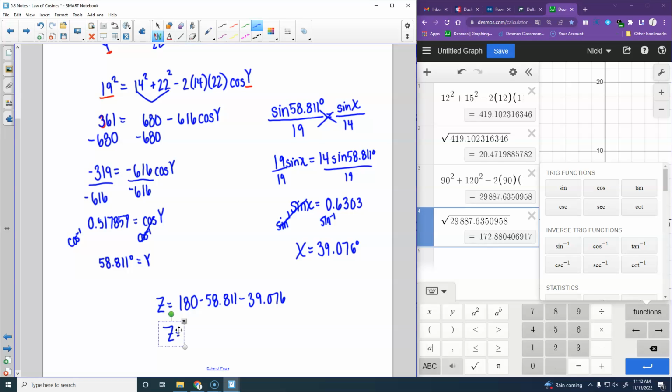So we'll get 82.113 degrees for Z. So we would have these three pieces for our answer.